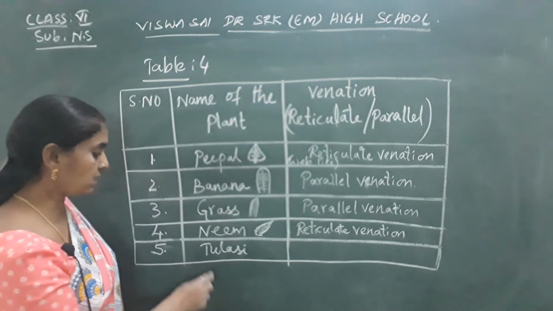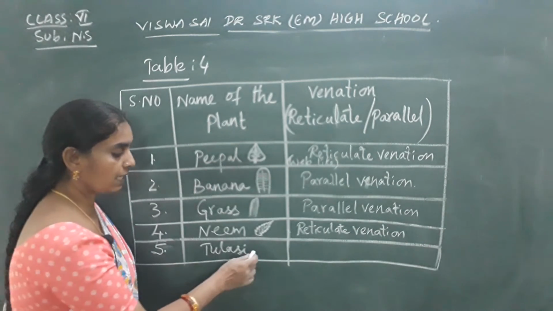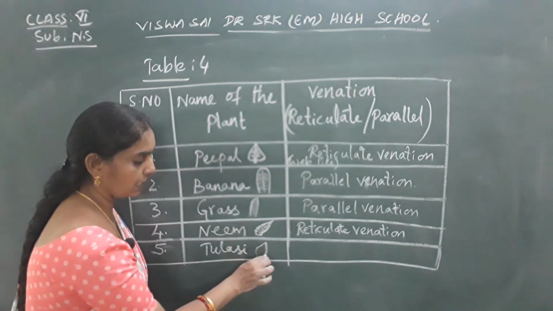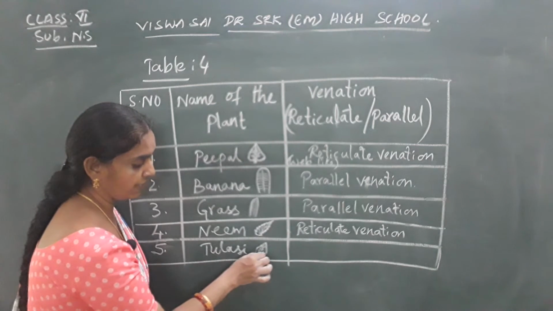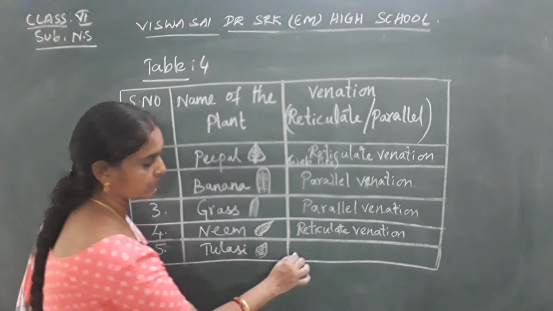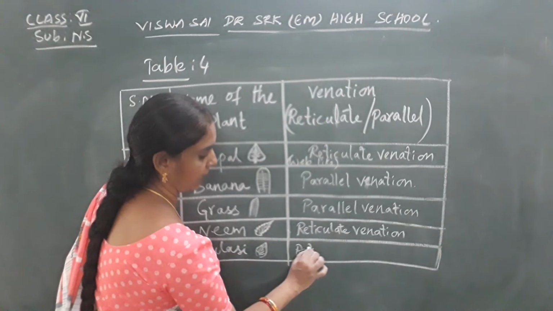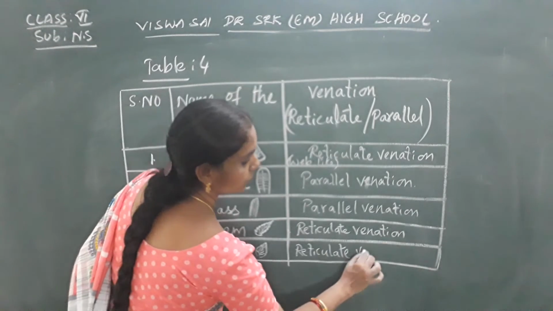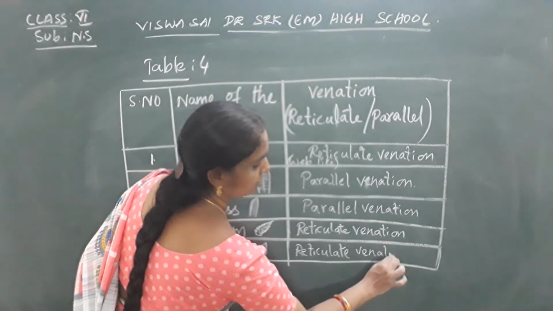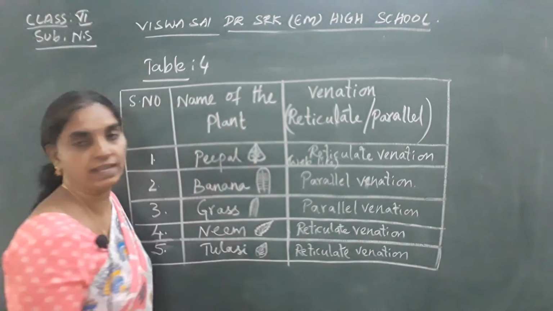Okay children. Next is tulasi. If you see the tulasi leaf, you can see that it is also reticulate venation only. Reticulate web-like arrangement of veins is observed in the leaves of tulasi. So it is also web-like venation.